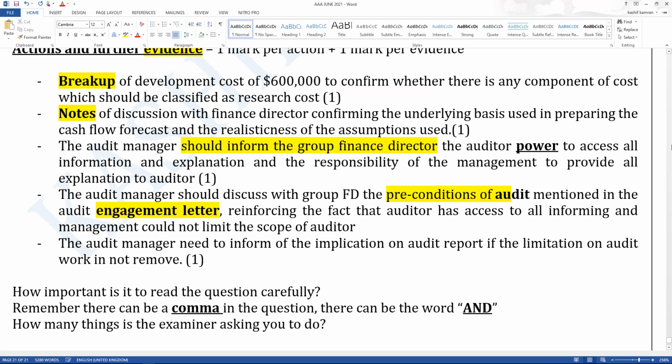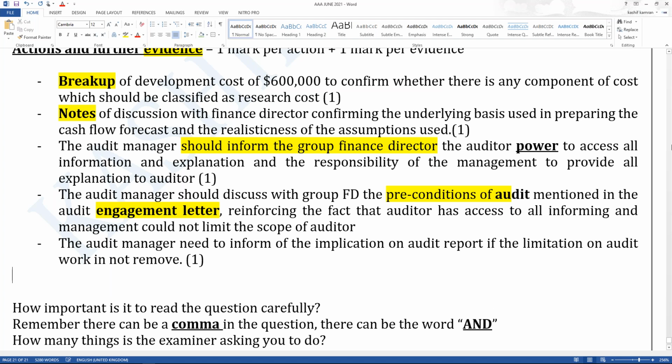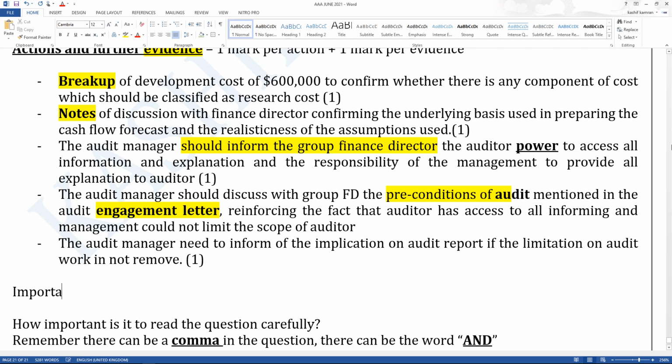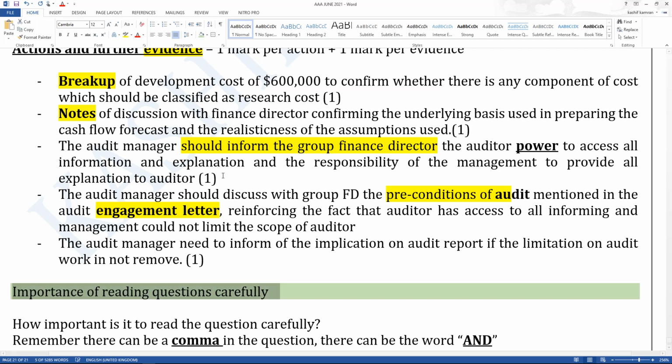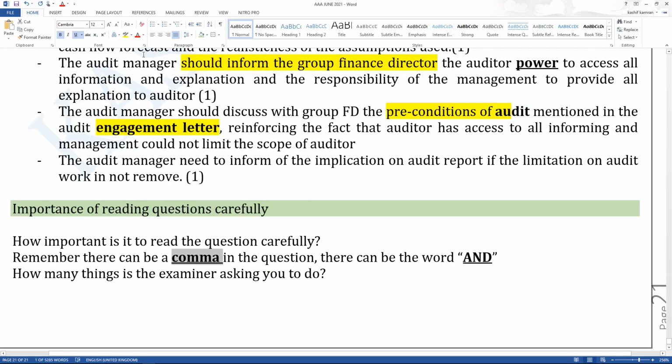So I hope you understand the importance of reading the questions, just like the March 20 paper. So you write a complete answer. This really impacts your passing, right? The AAA paper, because in the AAA paper, at times the question is asking for more than one thing, and the students overlook the comma, or the and, and they come out writing an incomplete answer, and then they expect the examiner to pass them at 50.